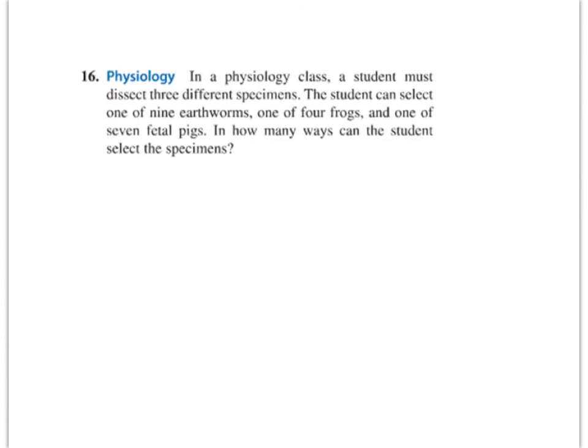Okay, I have one more problem here in physiology. In a physiology class, a student must dissect 3 different specimens. So once again, I'm going to have 3 events, or 3 choices. The number of choices I have for the first one is 9 earthworms. I can choose one of 4 frogs.